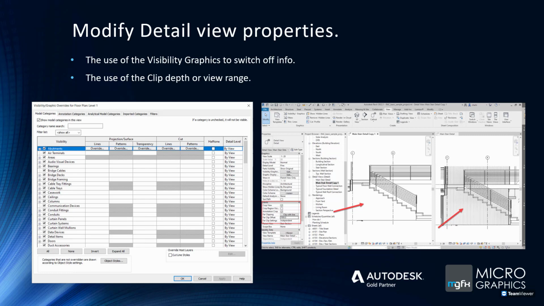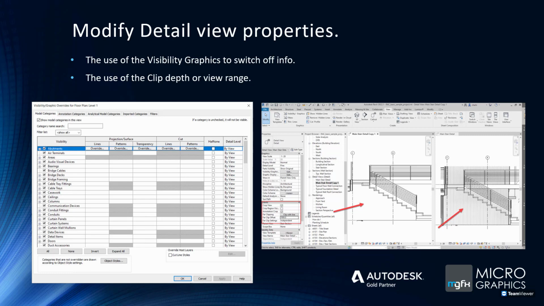On the left-hand side, there is also a depth that you can look at when you do detailing. Excuse me, on the right-hand side, it's a detail of a stair, and on the right-hand side of that picture, you see lots of vertical lines. Those vertical lines are behind the staircase, and by manipulating the depth that you see, you can exclude those little vertical lines to clean up the detail.